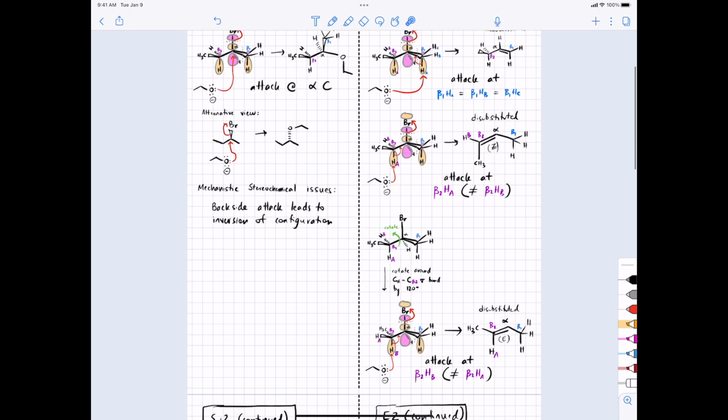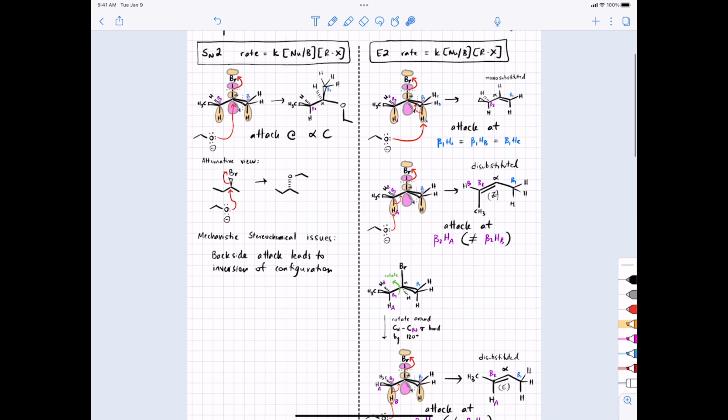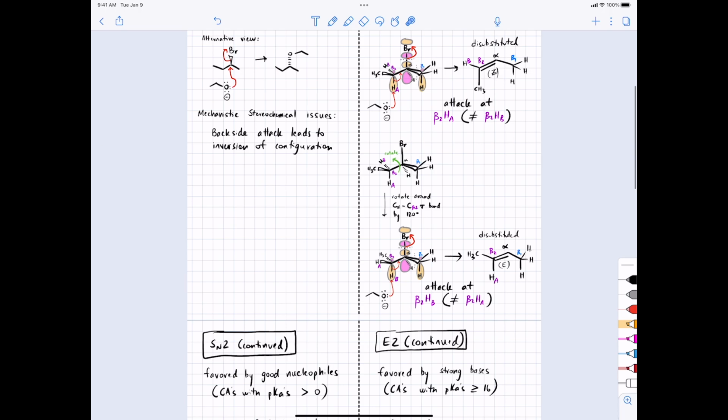We mentioned last time that substitution reactions are favored by good nucleophiles, and that good nucleophiles are generally molecules with conjugate acids whose pKa's are greater than 0.